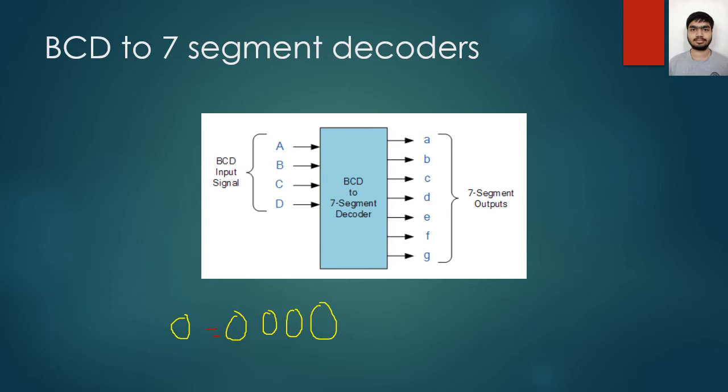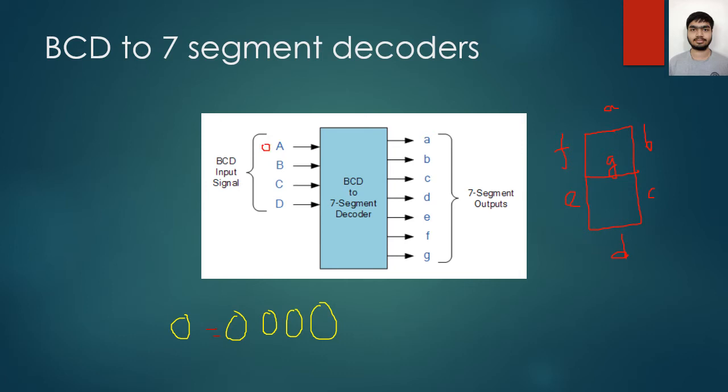For example, for 0000 we have A, B, C, D, E, F, G. For the decimal number 0, A, B, C, D, E, and F should be lighted.